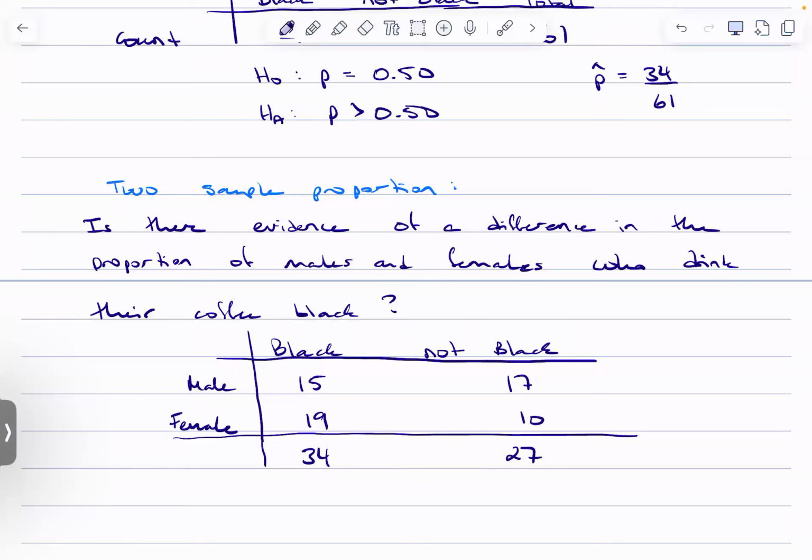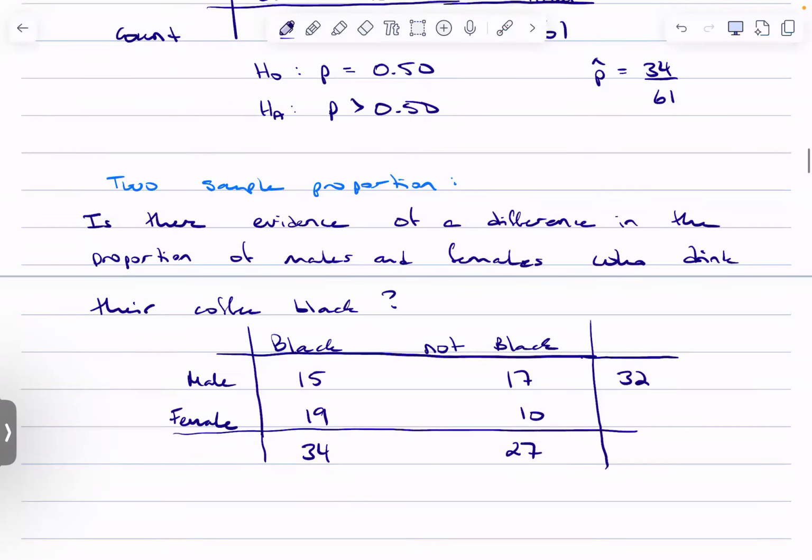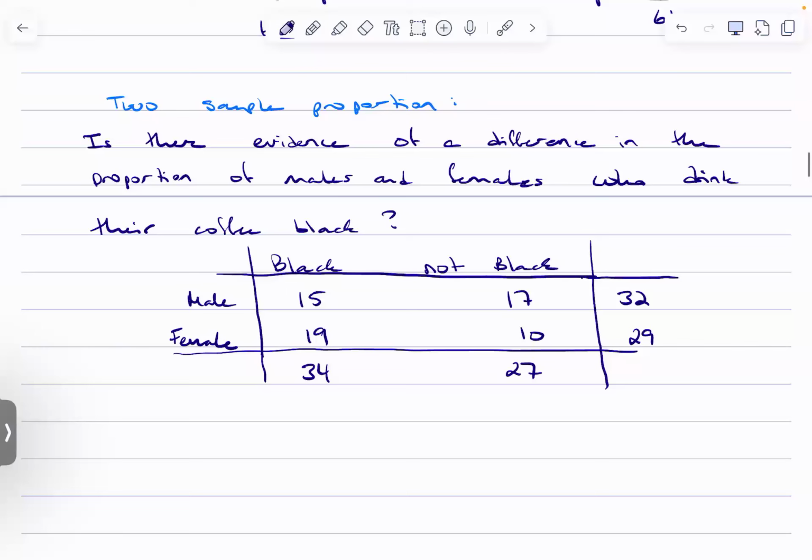I'm just making these numbers up, obviously. Now we're going to have a total of males if we want, and a total of the females. And so we could have 15 plus 17, which is 32. And 19 plus 10, 29 females.